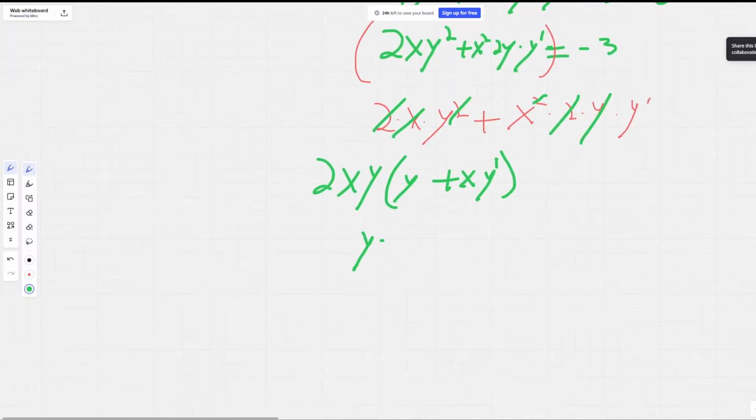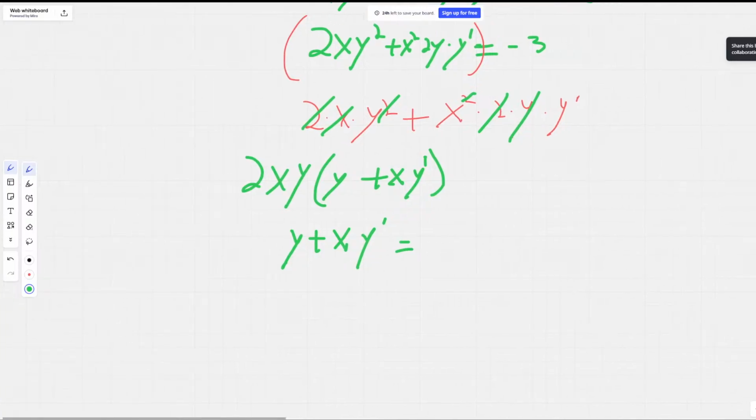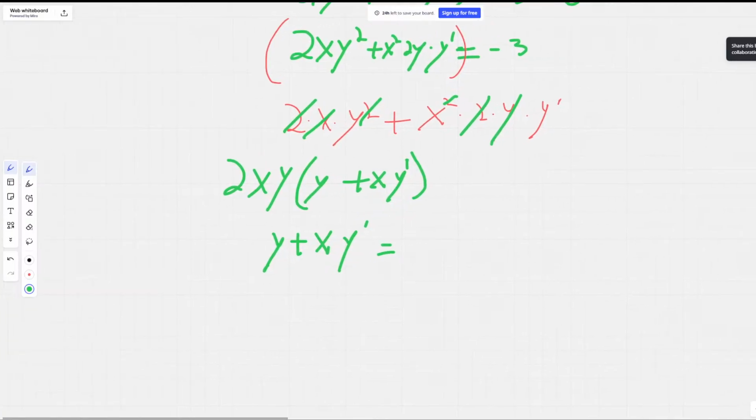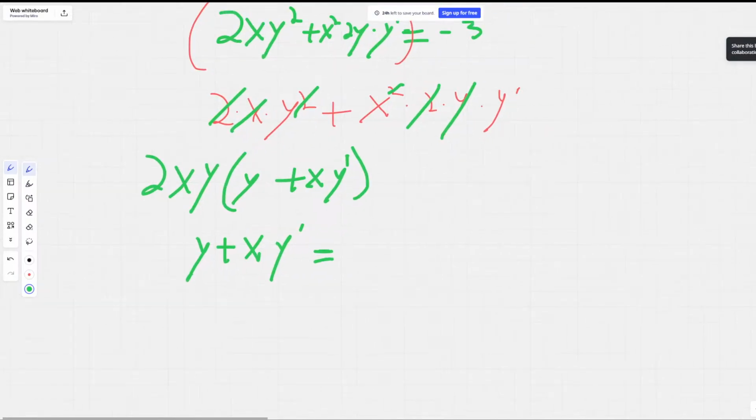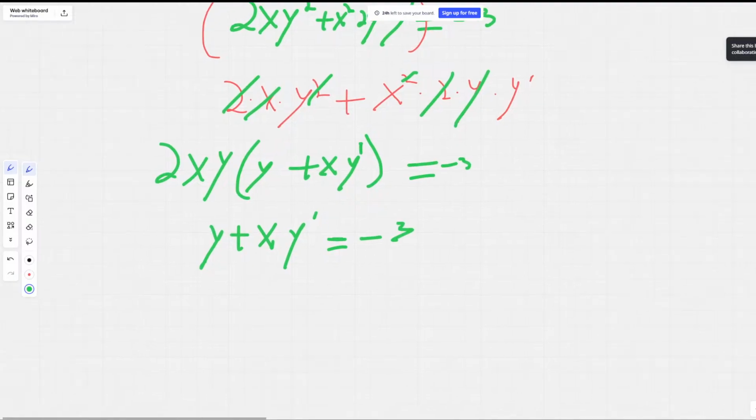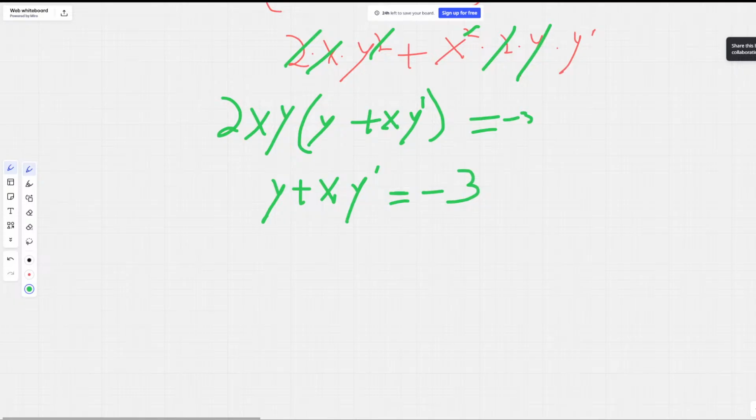If I did that as y plus x y prime, or derivative, whatever, equals -3. So -3 over 2xy.